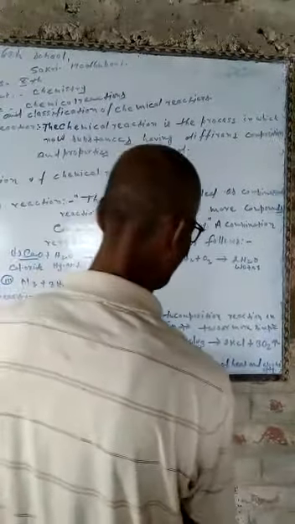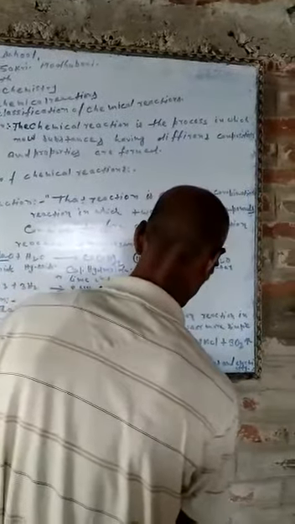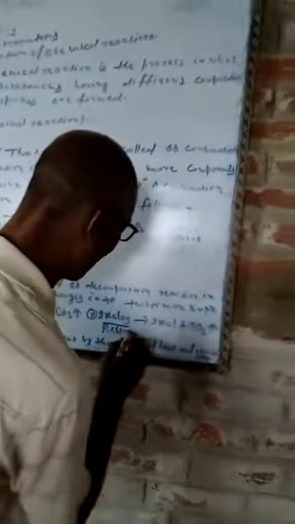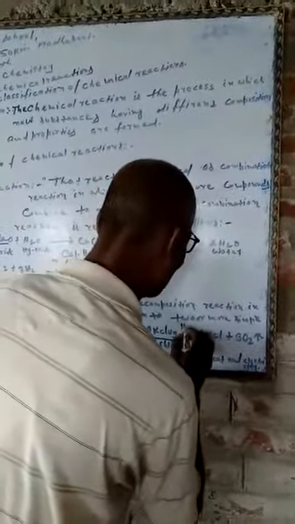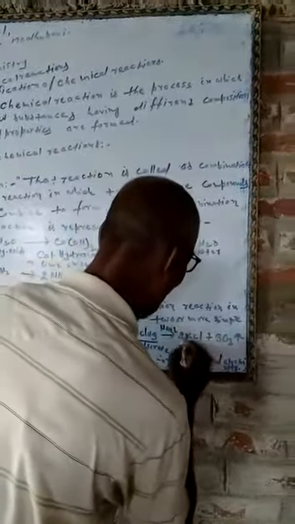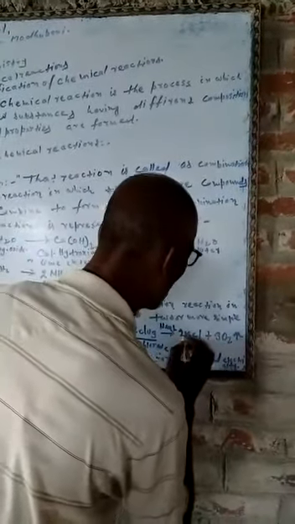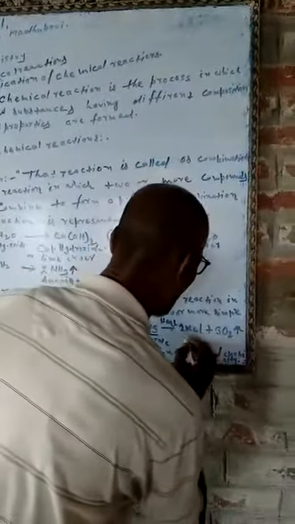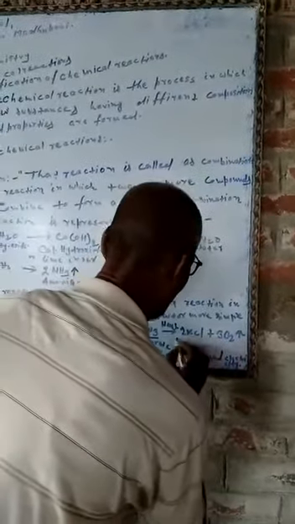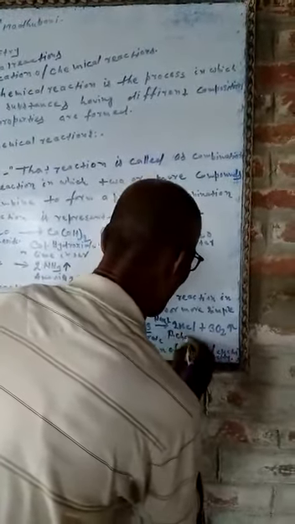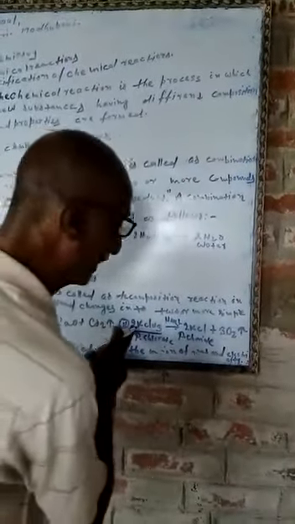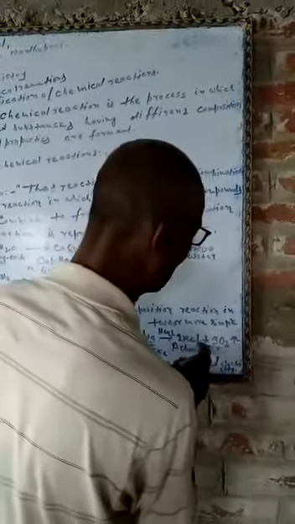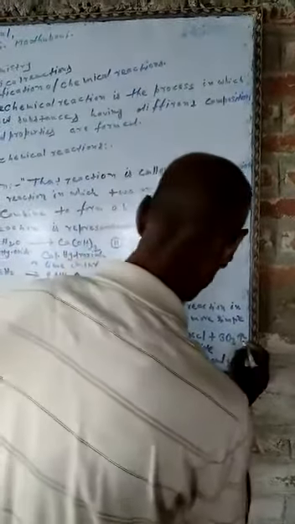Second, 2KClO3. 2KClO3 means potassium chlorate, and when heated, it forms 2KCl, two molecules of potassium chloride, plus 3O2. 3O2 means oxygen gas.